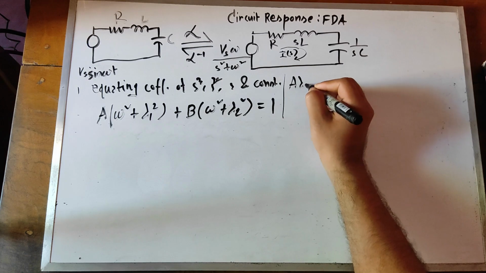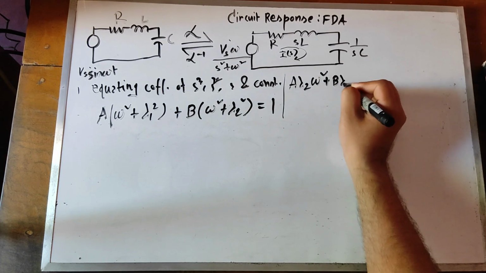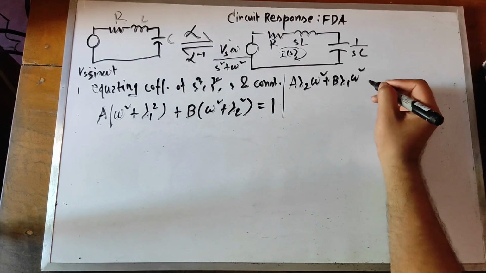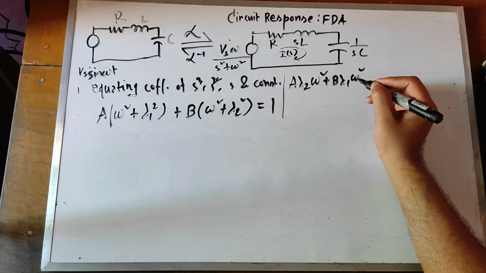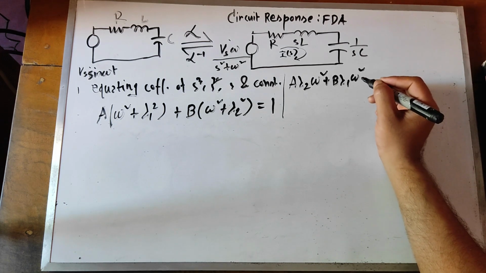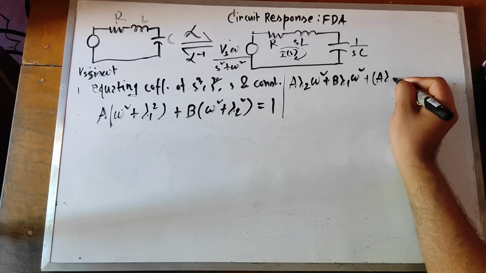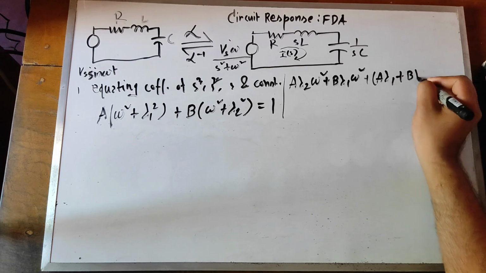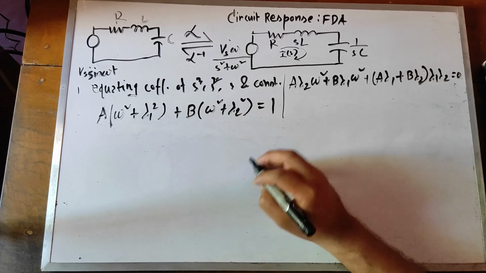A lambda 2 omega square plus B lambda 1 omega square plus D lambda 1 lambda 2. If I substitute the value of D, it will give me plus (A lambda 1 plus B lambda 2) lambda 1 lambda 2 equals 0.